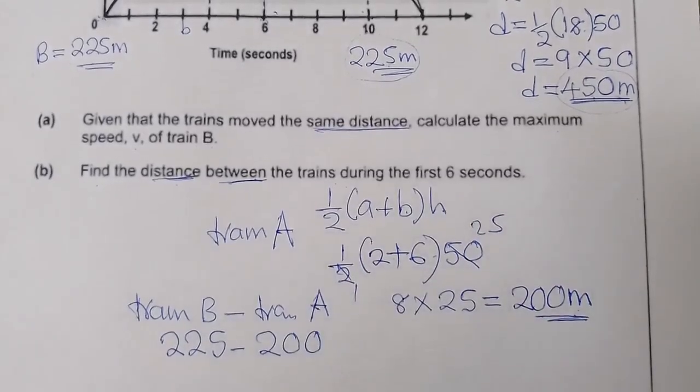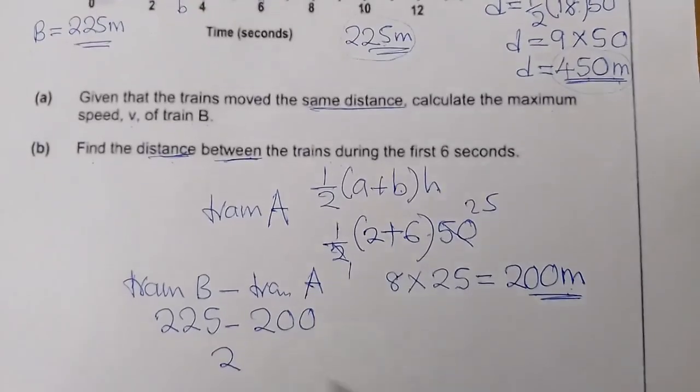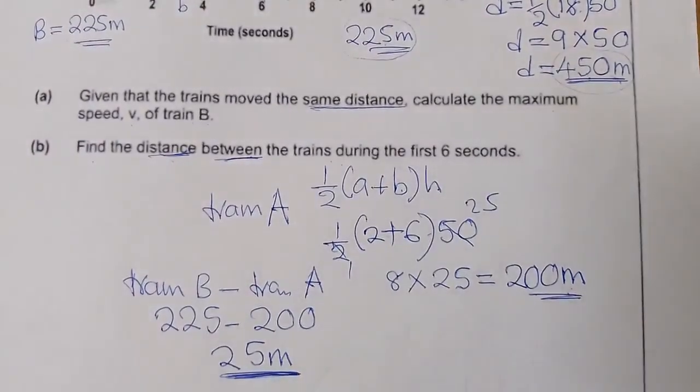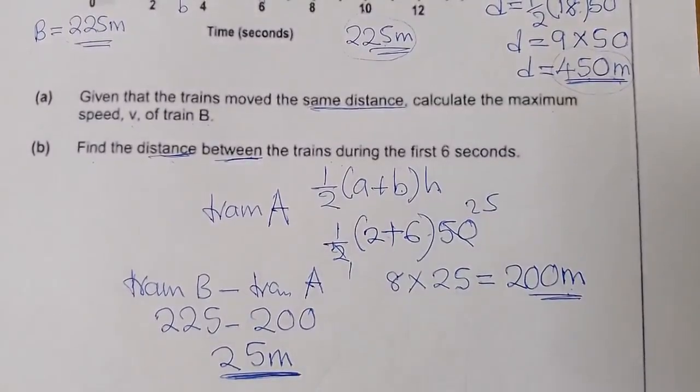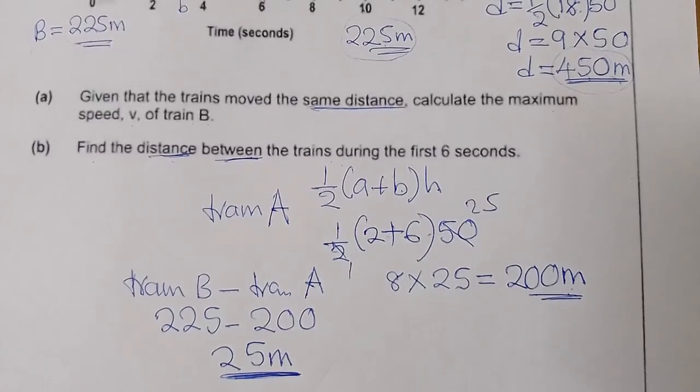When you calculate there, you're going to get definitely 25 meters. This is your answer, the difference between the trains during the first 6 seconds. This is how you need to calculate this.